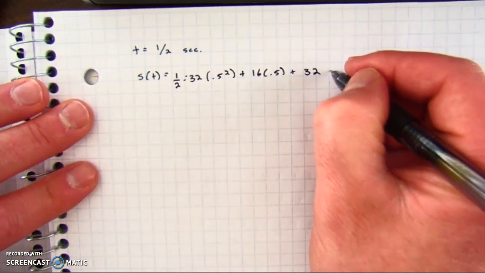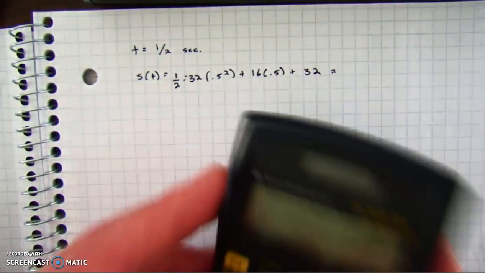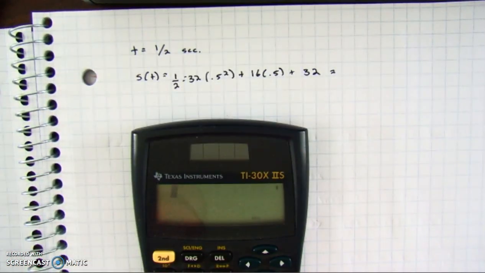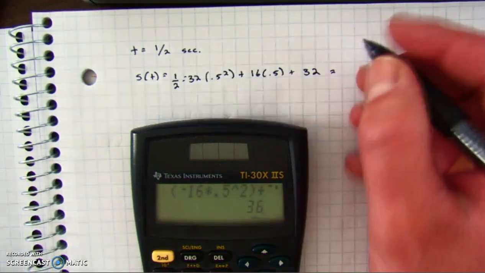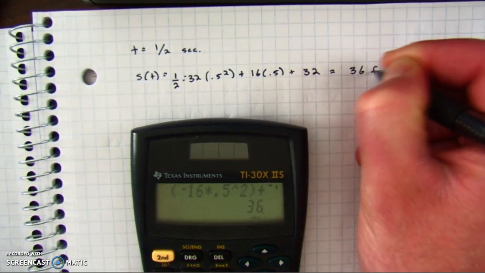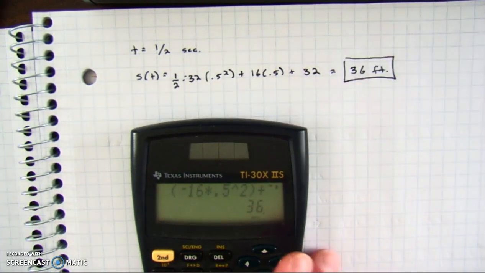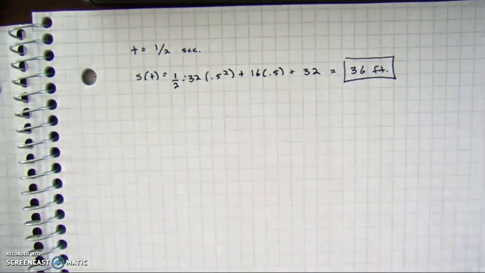So this will give me the maximum height. So we'll get our calculator out again. So we've got negative 16 times 0.5 squared, let me do some parentheses, plus 16 times 0.5 plus 32. So we see here that we have a maximum height of 36 feet above the water. All right, so kind of a neat way.